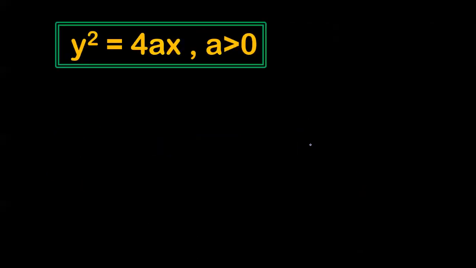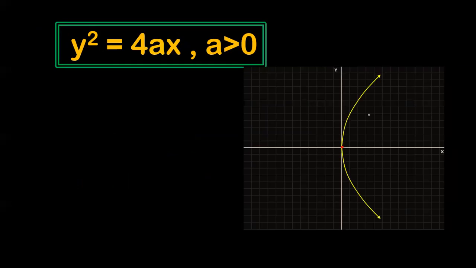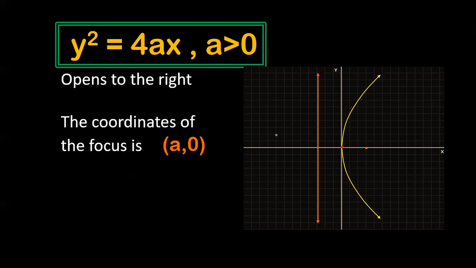So in summary, if y squared is equal to 4ax and a is greater than 0, then your parabola opens to the right, and the coordinates of your focus is now at (a, 0), since this is a units from the origin.